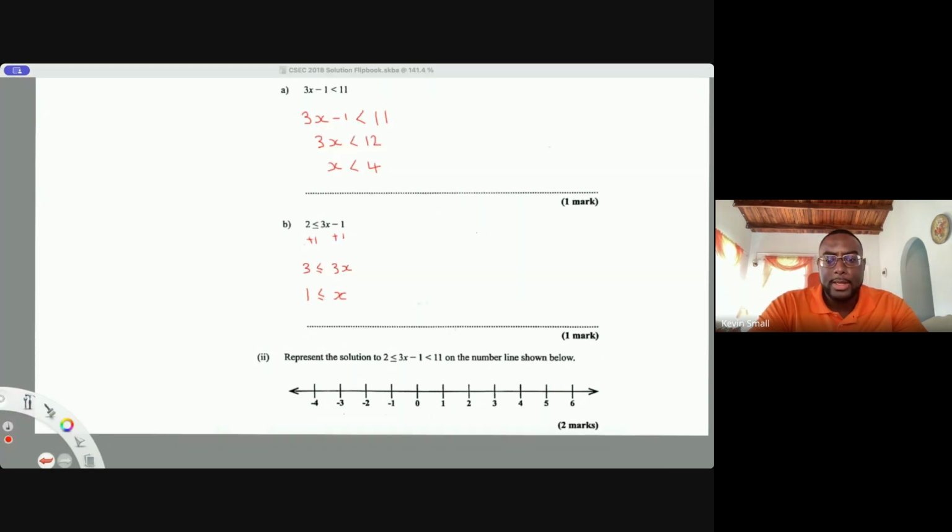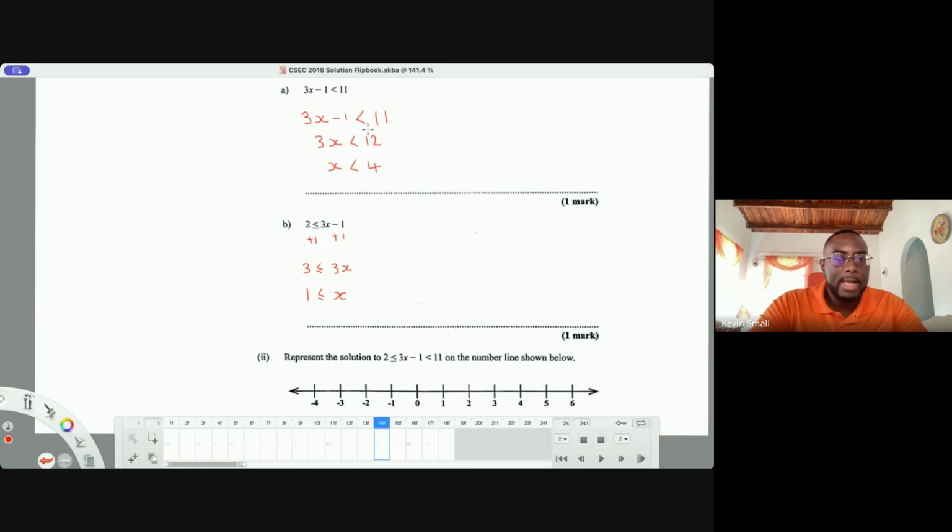All right, so on a number line now, you have to take your ruler and draw it the correct way. So on a number line, if you have just the less than symbol, then you have to put an open circle. If you have the less than or equal to symbol, then you have to use a solid circle.